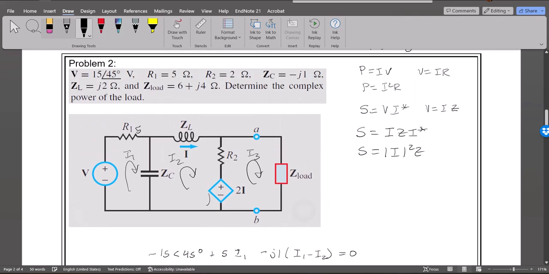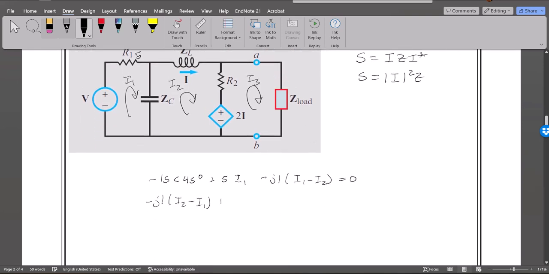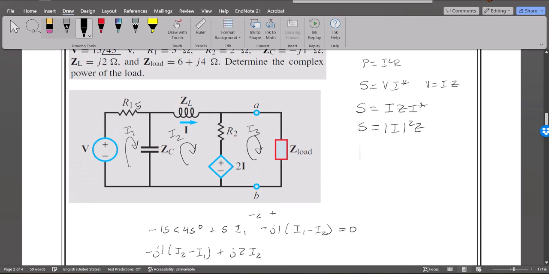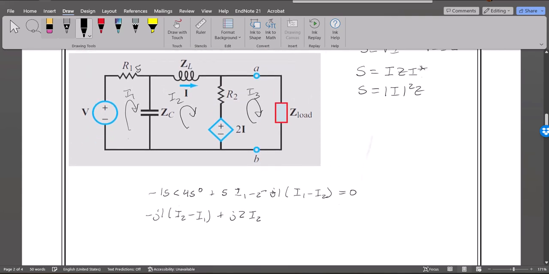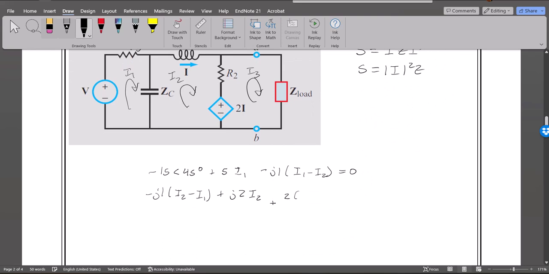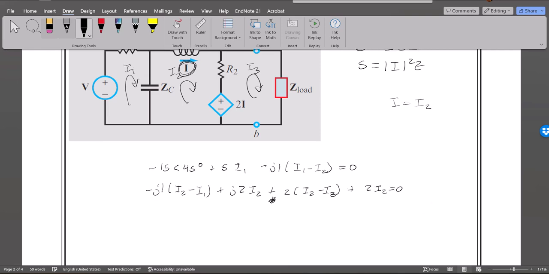My inductor was J2, so plus J2 I2, plus R2 is 2 ohms, so 2 times I2 minus I3, plus 2, and now notice I right here, I is the current through this inductor, so I is the same as I2 because that's I2 up there. So plus 2 I2 equals 0.